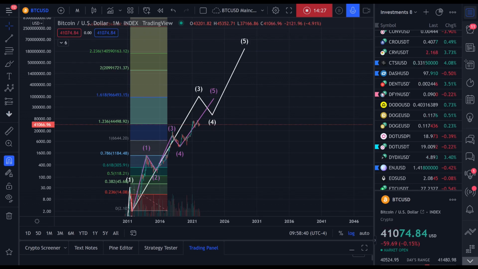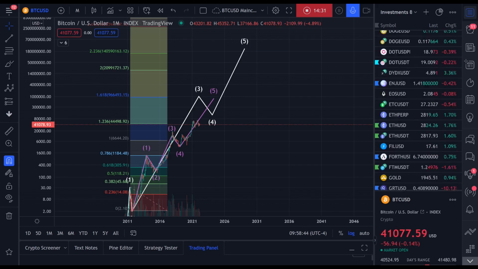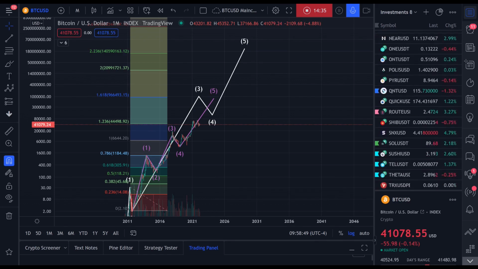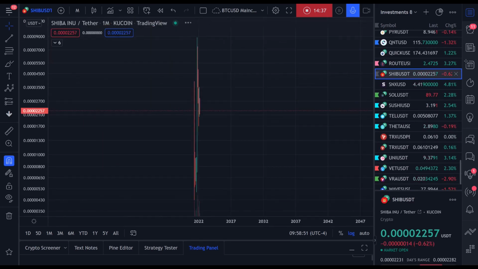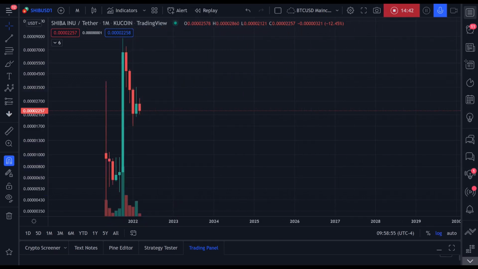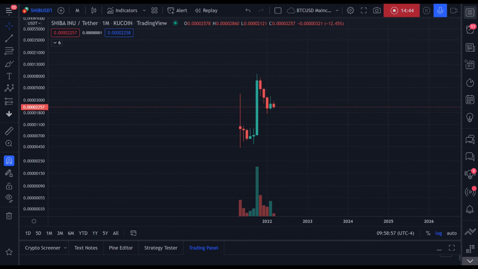Risk to reward? What's the best way I can invest a little and make a lot? So I looked on the charts, and I looked at a few different projects, and I saw this one right here. This, my friends, you've guessed it, Shiba Inu.